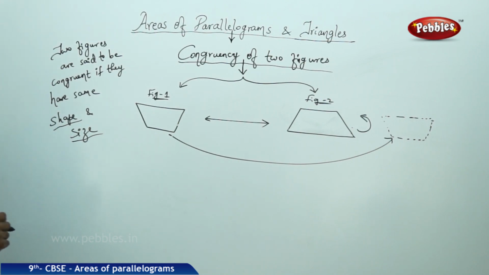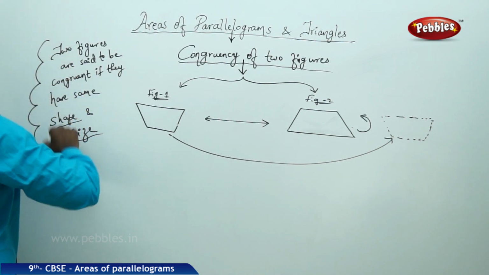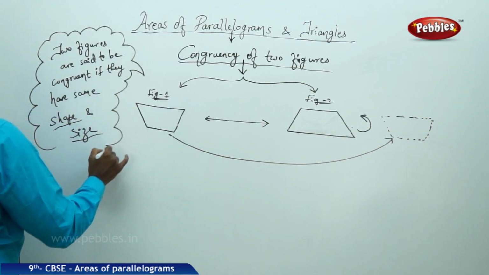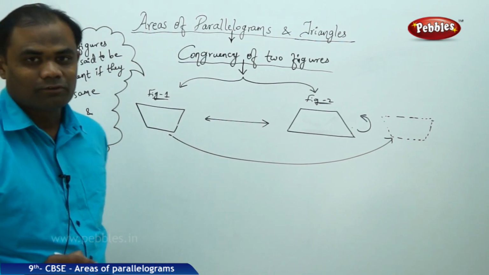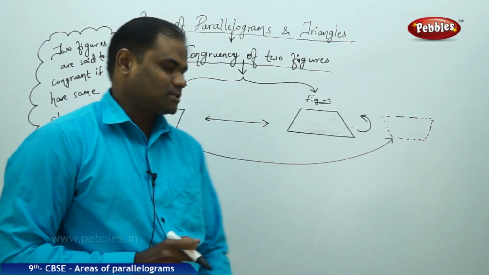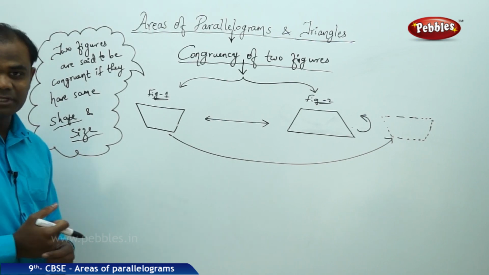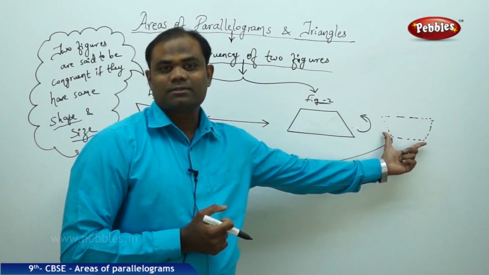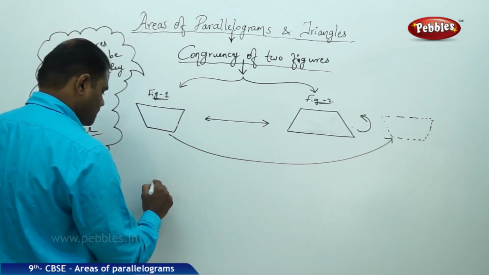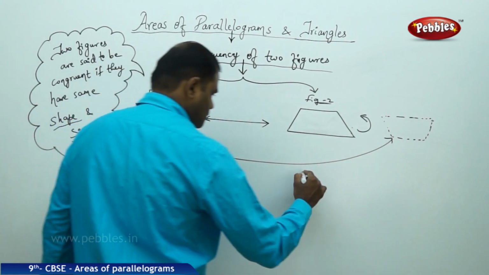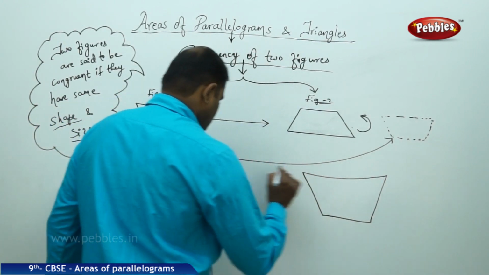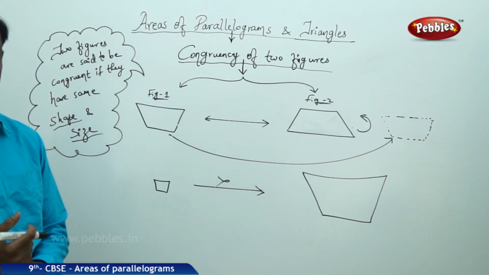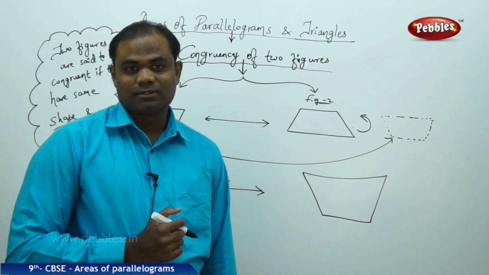Is how we define the congruency of two figures. Two figures of same size and same shape are said to be congruent. This is congruent to this. But this is not congruent to this because they are of same shape but they are not of same size.